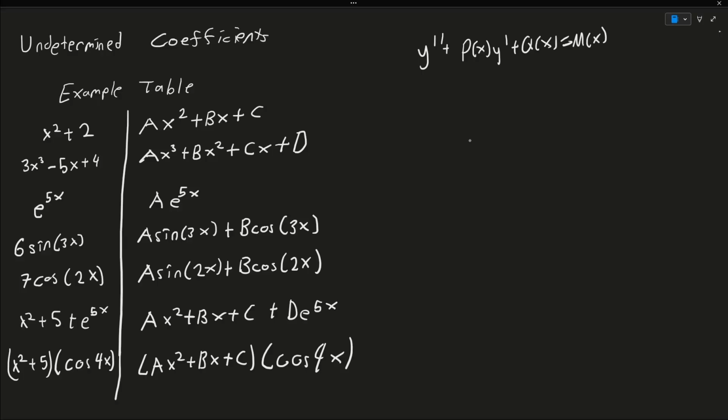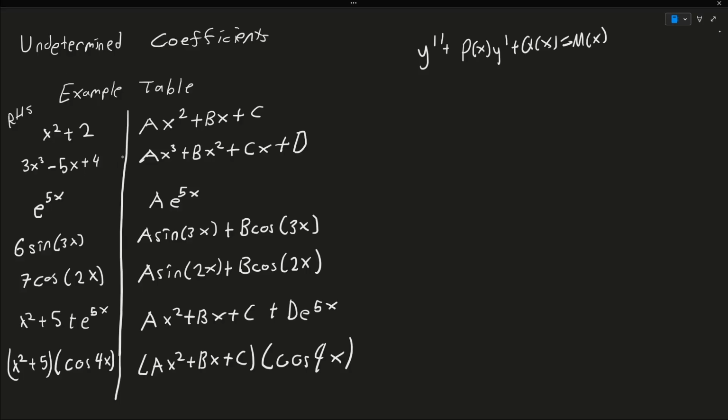Now let's cover what undetermined coefficients is and how we can use it. For undetermined coefficients, I want you to be familiar with this example guess table. If you can understand what's going on, you can basically figure out the guess for every single function. These are for the right hand side, where we could have any kind of function.